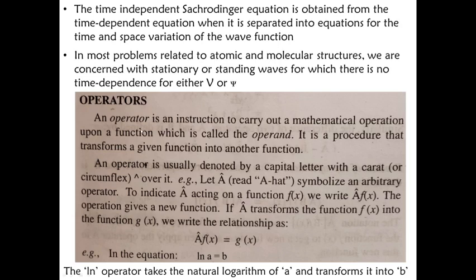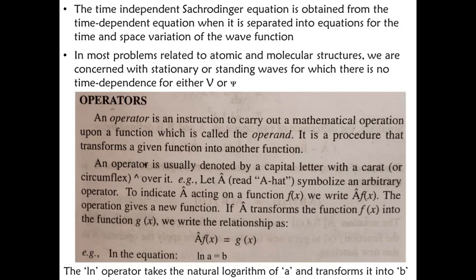So here an operator is an instruction to carry out a mathematical operation upon a function. So it is purely a mathematical operation, and it is done on a function. A mathematical operation is just like a surgery being done on a person. It is just like a mathematical operation upon a function.